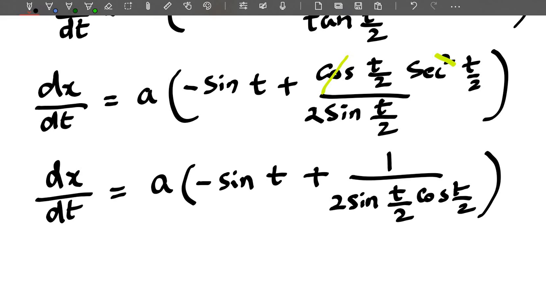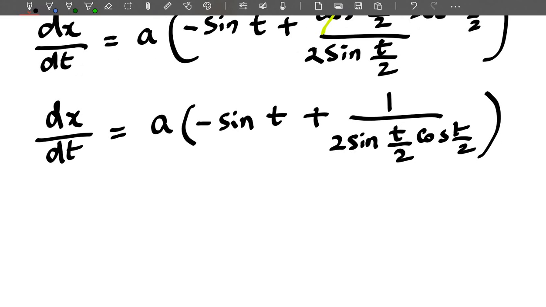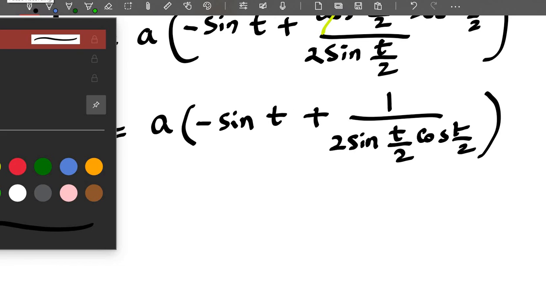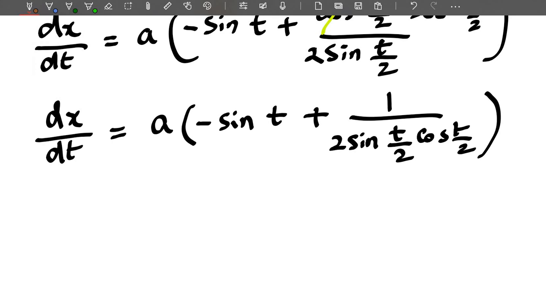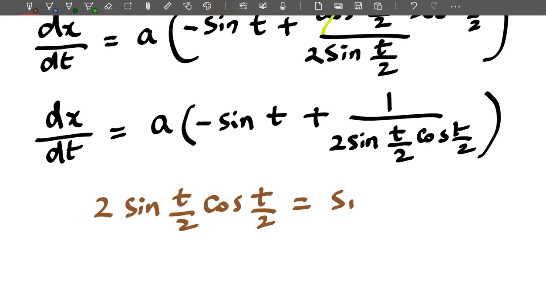Okay, so we know that 2 sin t by 2 and cos t by 2 can be converted to sine of 2 into t by 2, which is nothing but sine t.